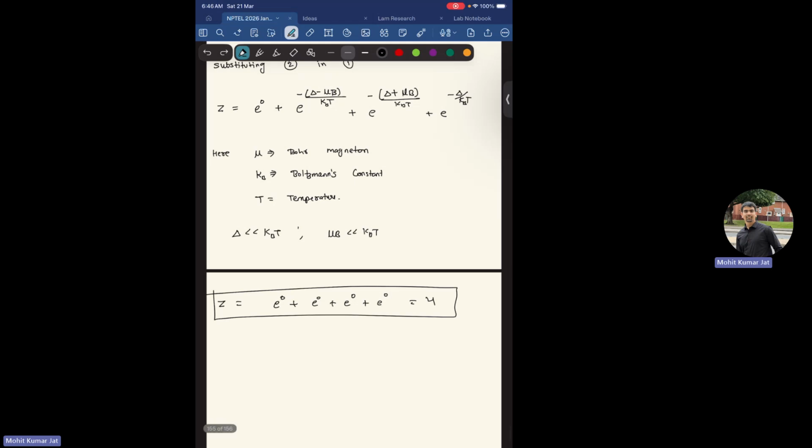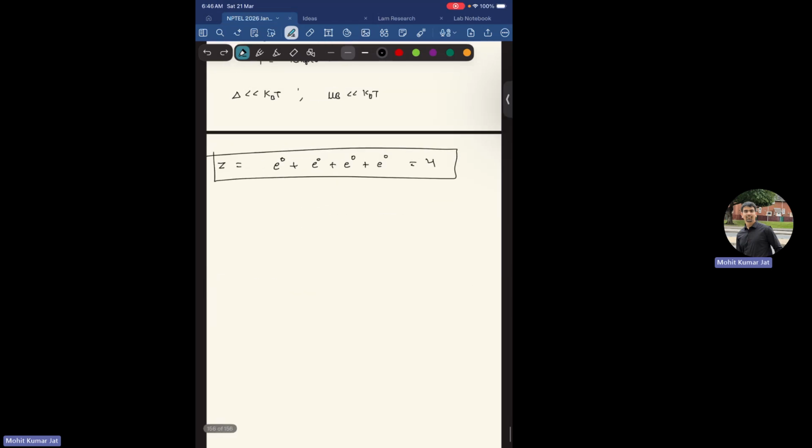Now we have the Z. Now we have to evaluate the magnetization, and if we write it in the form of chi H or chi B, this chi will be the magnetic susceptibility. That's our goal.